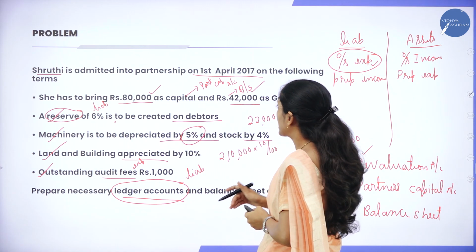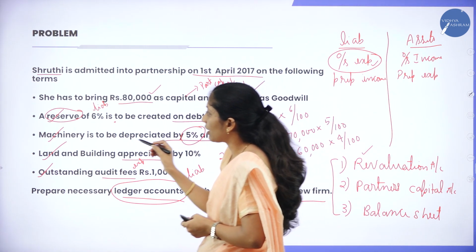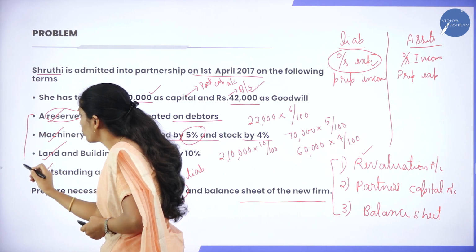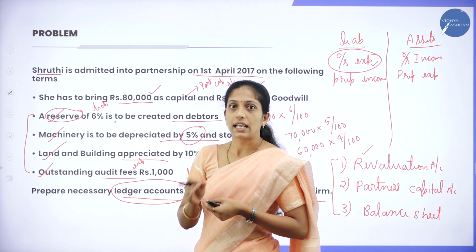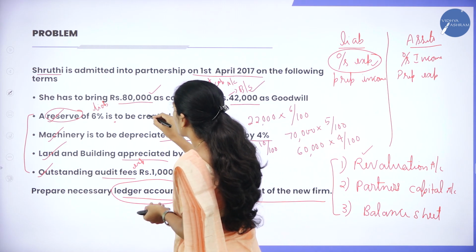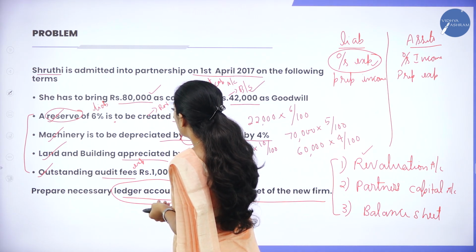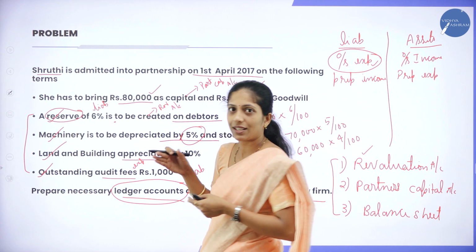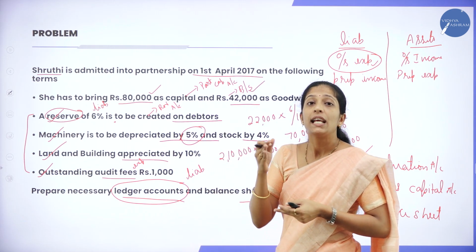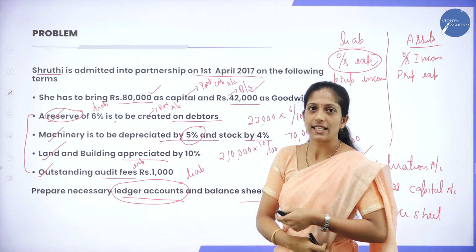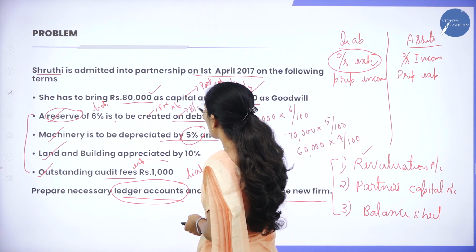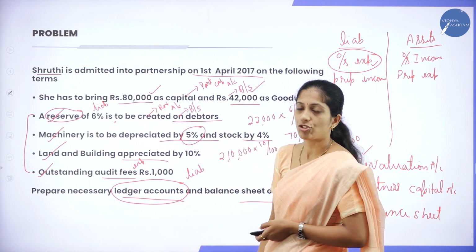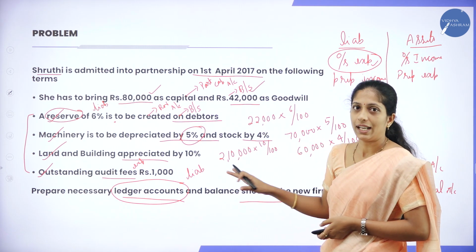Next, increase or decrease in the value of assets and liabilities. From adjustment 2 to the last adjustment, it relates to increase or decrease in the value of assets and liabilities. So it comes under revaluation account once, because in revaluation account we record increase or decrease in the value of assets and liabilities, right? And once it comes under the balance sheet, I'll show how we have to record it in the balance sheet. Hope you are clear with all the adjustments.